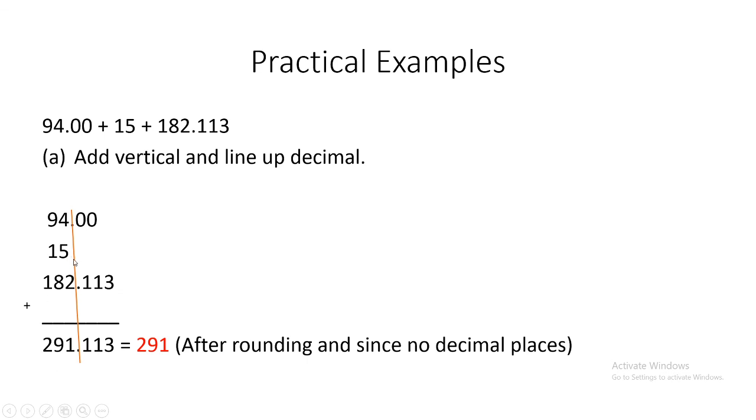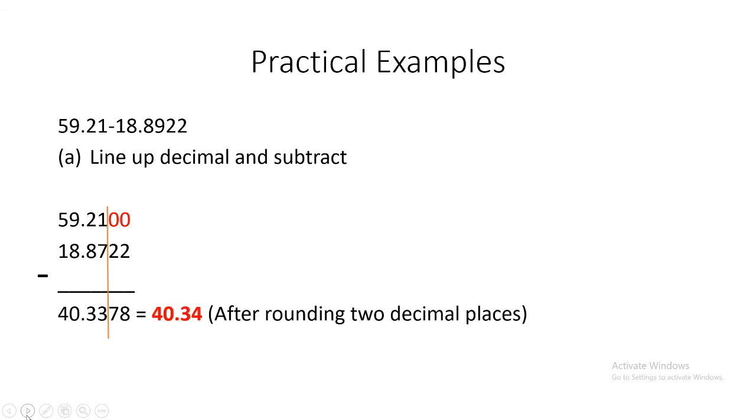No decimal places here, so we can't have any decimal places here. Okay. With subtraction, we had 4 significant figures here and 6 significant figures here, right? But your final result can only be 4, because this is 4. Okay, it can't be 6, it has to be 4 after rounding. So they actually round that 3 to a 4.